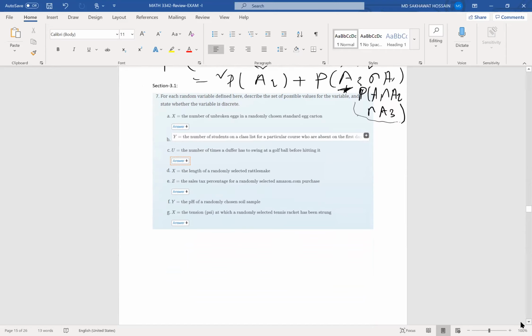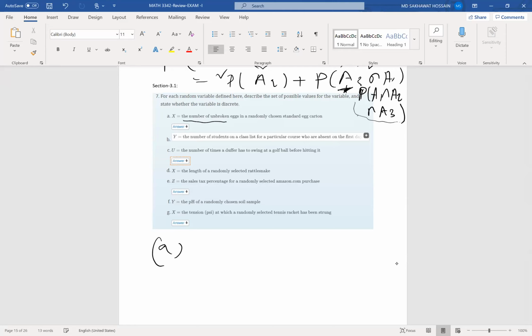From chapter 3, section 3.1: for each random variable defined here, describe the set of possible values. You have to write all the possible values for these random variables. In part A, we have random variable X, the number of unbroken eggs in a randomly chosen standard egg carton, and state whether this variable is discrete or continuous.